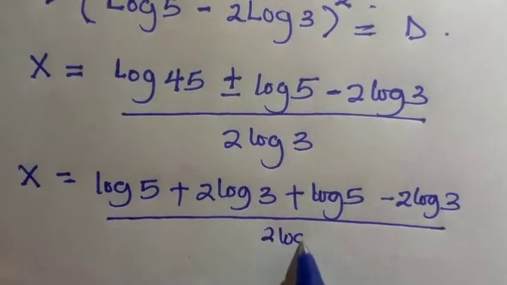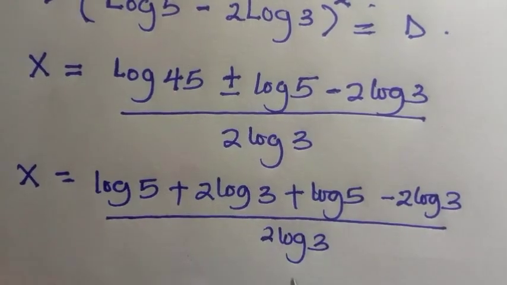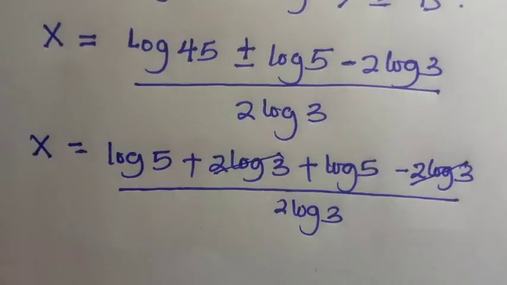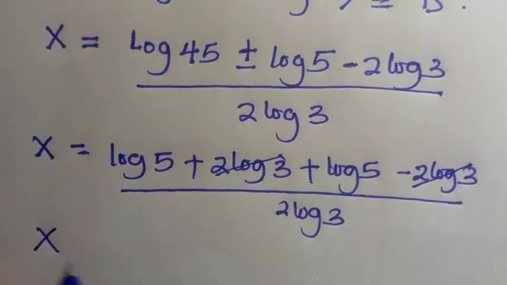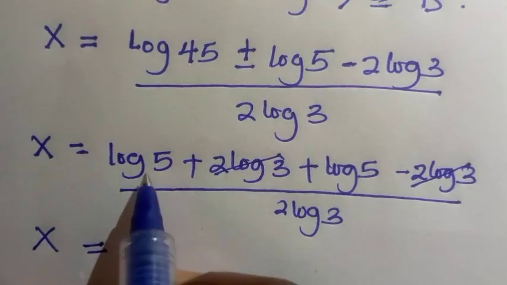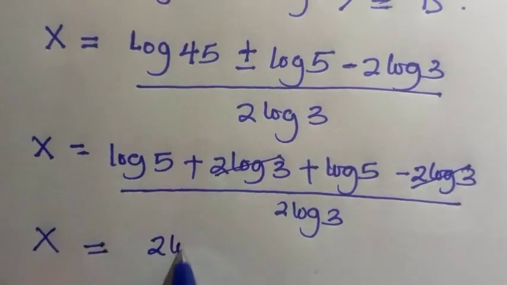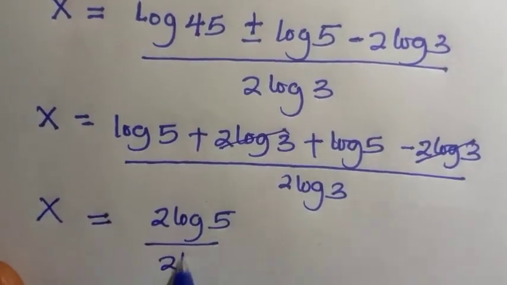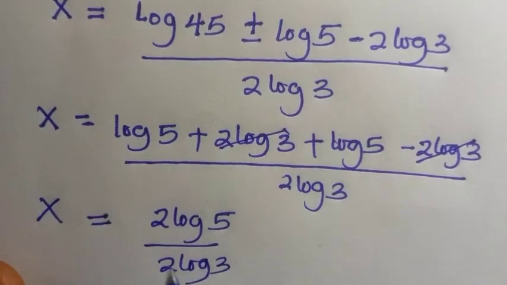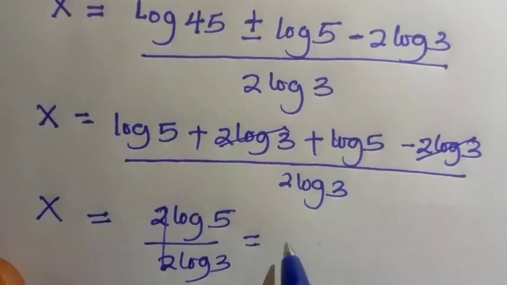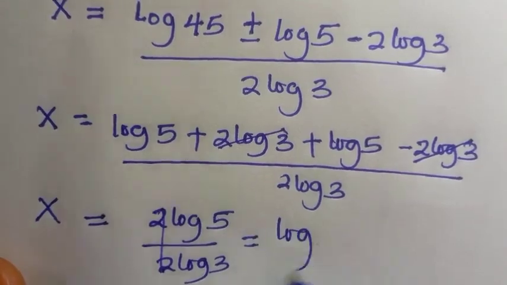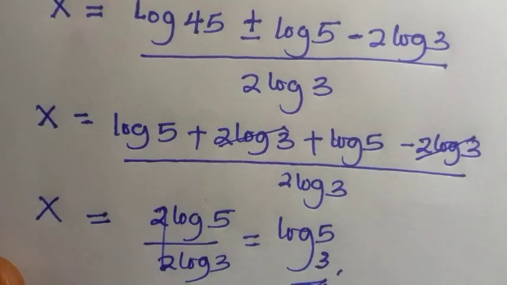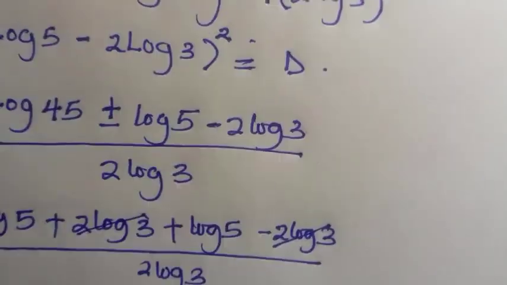That is for when we consider the positive. Here the 2 log 3 terms cancel, and log 5 plus log 5 gives 2 log 5, divided by 2 log 3. The 2 cancels 2, and we apply a rule of logarithm here as well, which lets us combine this as log 5 base 3. Here is the other solution that I'm talking about.